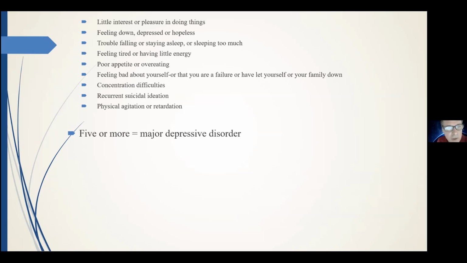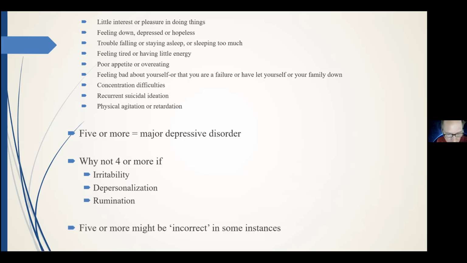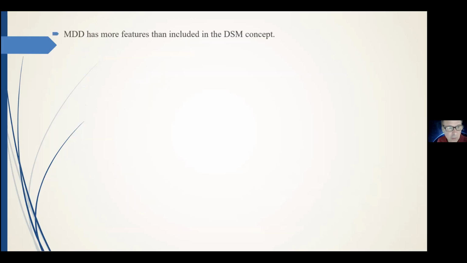But then here's the question: why not 4 or more if there are a bunch of nonspecific or auxiliary depression symptoms like irritability, depersonalization, or rumination? In terms of open concepts, rather than being not true or false, in some cases 5 or more might be incorrect in some situations, depending on the other symptoms that are present.